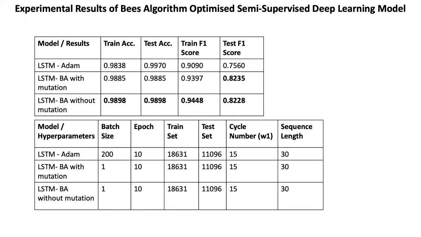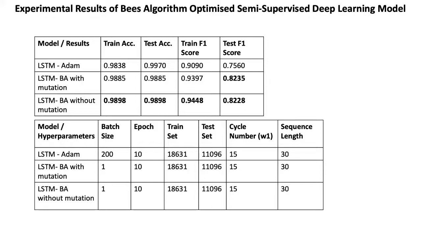The mutation operator has been used to shuffle the weights of the training model as learnable parameters. So the accuracy results show that BA with mutation and BA without mutation give similar performance, but the F1 score of BA with the mutation operator is better than BA without it.